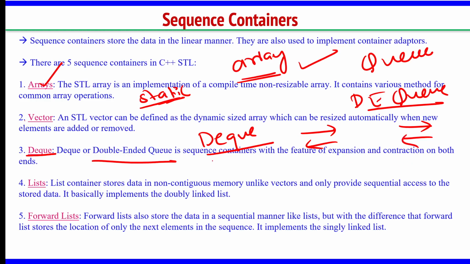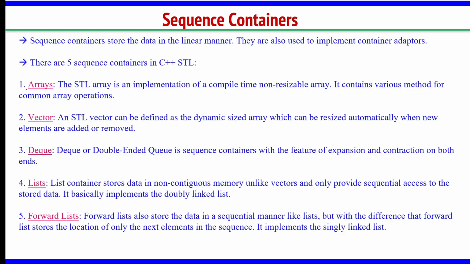Then list. List here means a doubly linked list, and all the operations of a doubly linked list can be done using this list class. Then forward list is a singly linked list implementation. So, in sequence containers there are 5: array, vector, deque, list and forward list.